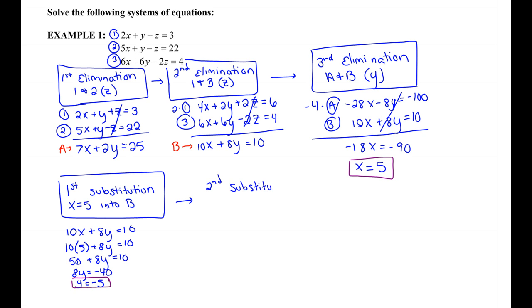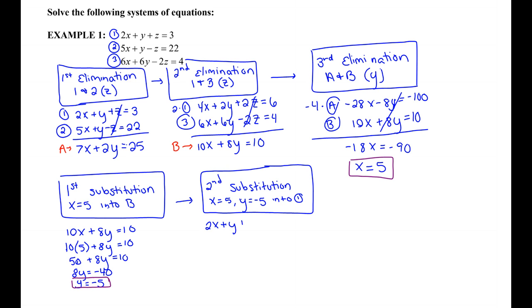And I'm going to be plugging in x equals 5 and y equals negative 5. And you can plug them into any of the original equations. I'm just going to pick number 1. So my first equation was 2x plus y plus z equals 3.